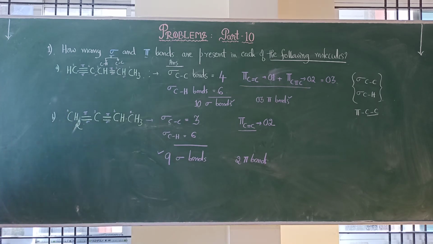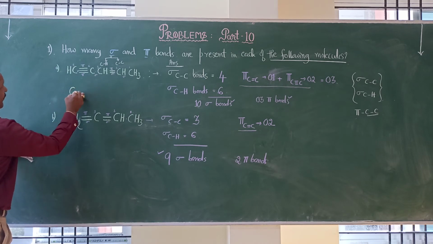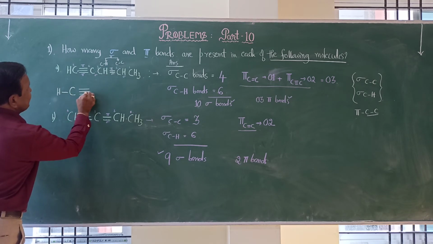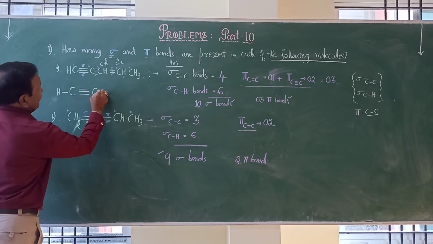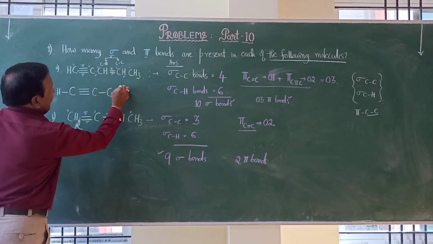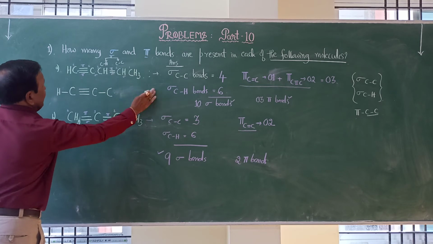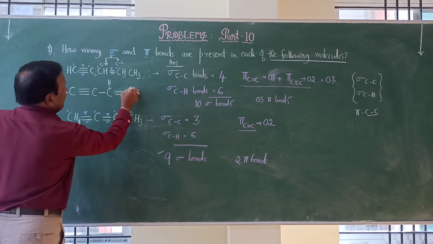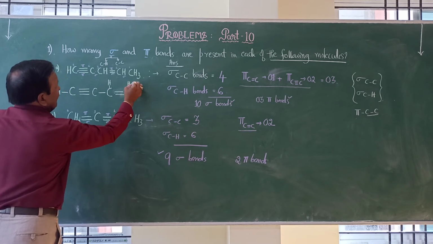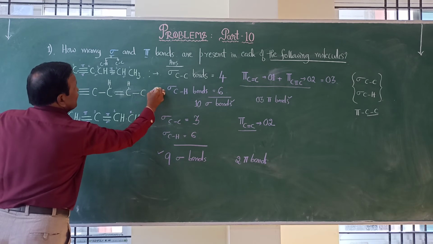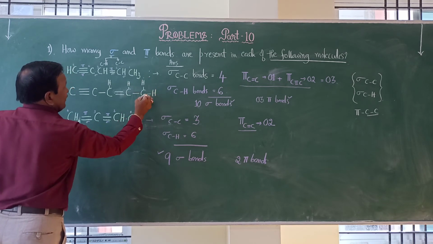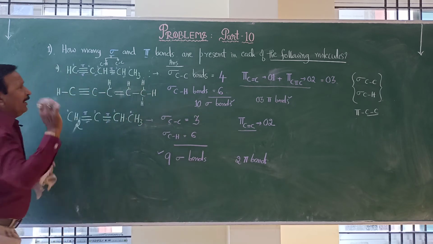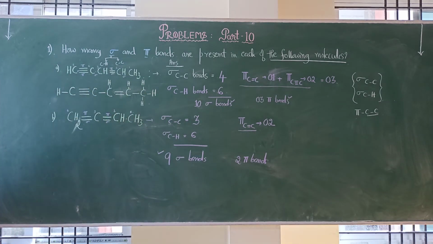If you elaborate this formula, CH, triple bond as it is, C here, again C, and H here, either you can write here or you can write here, doesn't matter. H here, and again double bond, CH, and here CH. This is the best way to count. This is H. Now mark sigma and pi bonds.